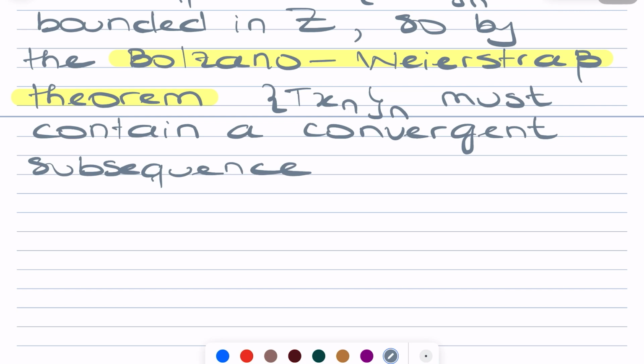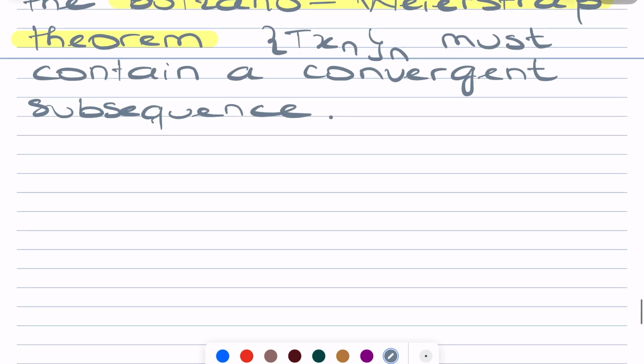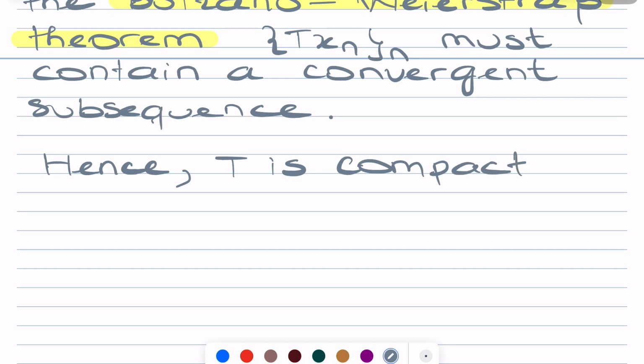Hence T is compact, because we proved that for any bounded sequence xn, the image sequence has a converging subsequence. So this is basically the proof. Of course, in a finite dimensional normed space, every bounded subset is relatively compact.